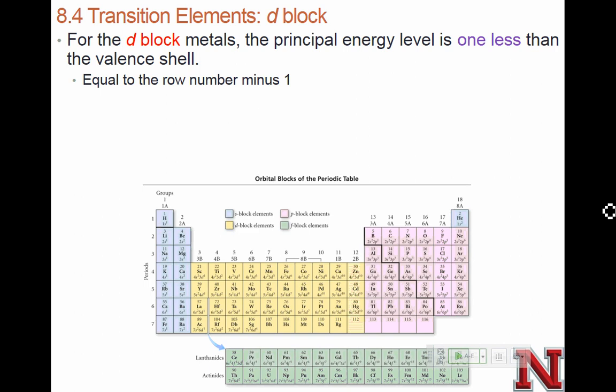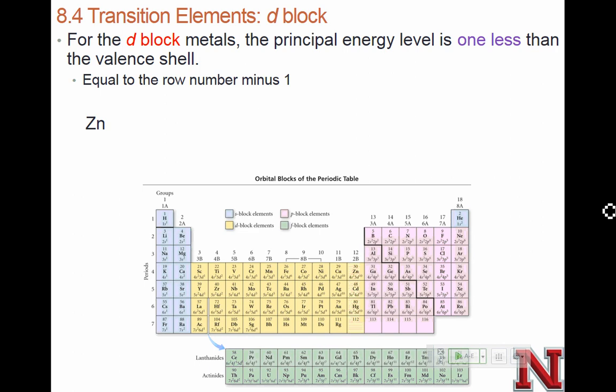So it's equal to whatever the period number is minus 1. So if we're looking at Ca here, we have 4s2, but then when we get to d, it's 3d1. Then this is 3d2, 3d3, 3d4. And then if we get to Ga, we're back to the p being at 4. So the d orbital is minus 1 of whatever our period is.